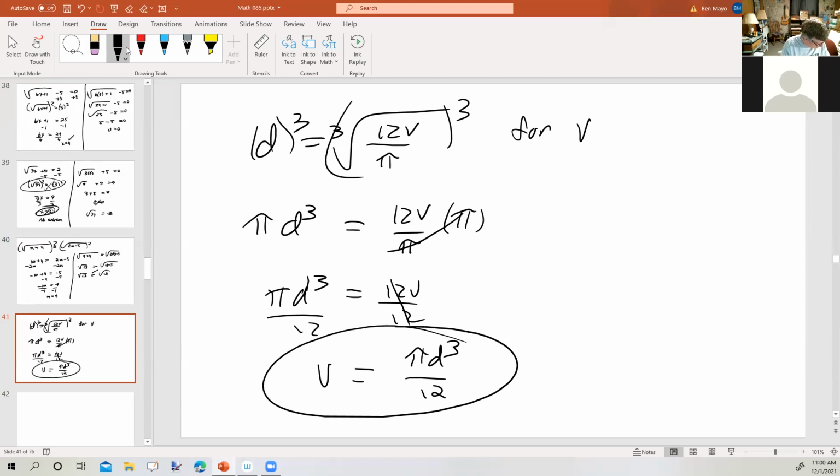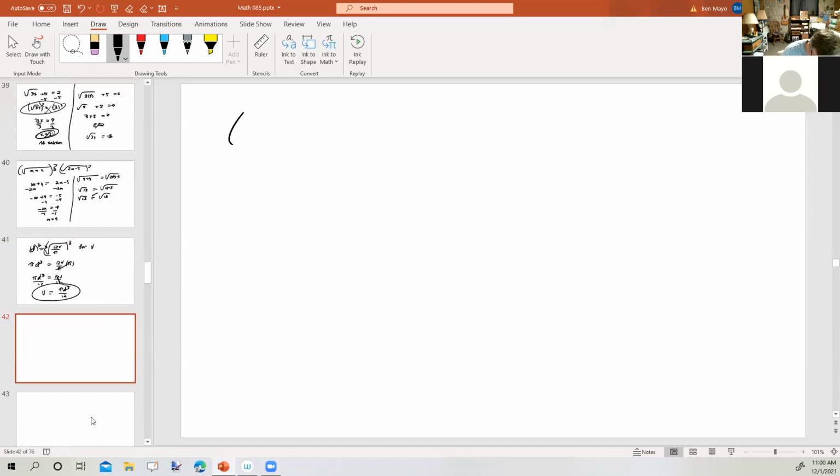Let's see, what about this one. 2b plus 29 all to the 1/3 power equals 3.